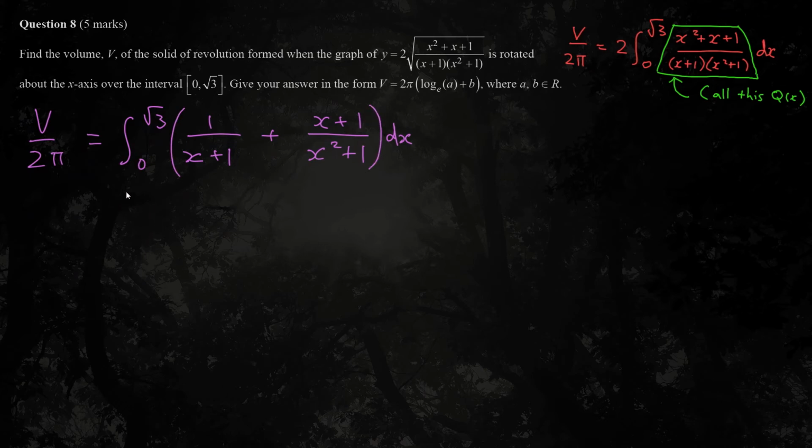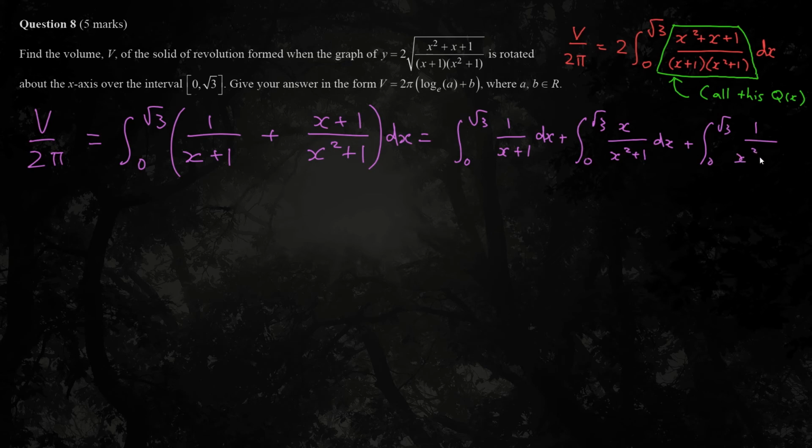Let's go ahead and break this up into 3 integrals. So we've got the integral from 0 to root 3 of 1 over x plus 1. We've got the integral from 0 to root 3 of x over x squared plus 1. And we've got the integral from 0 to root 3 of 1 over x squared plus 1. Let's give these some names.